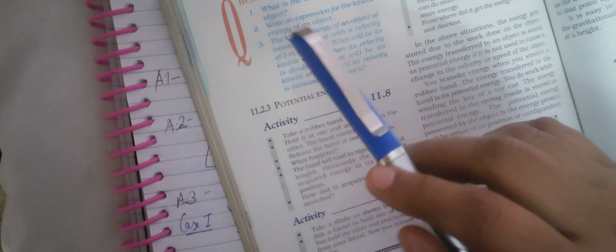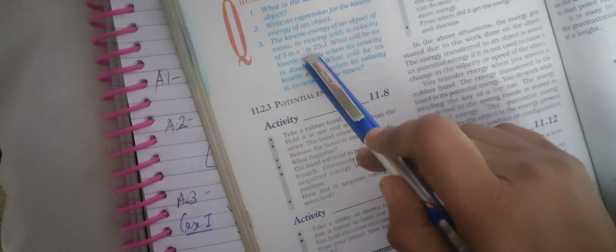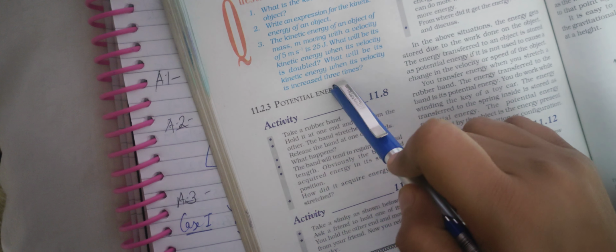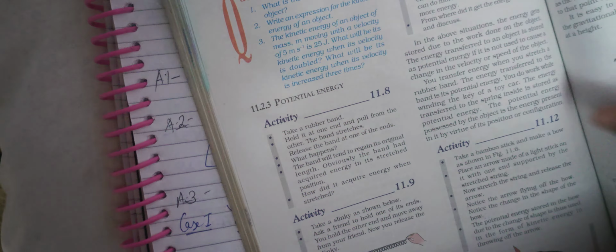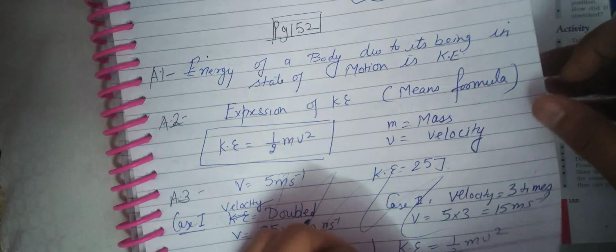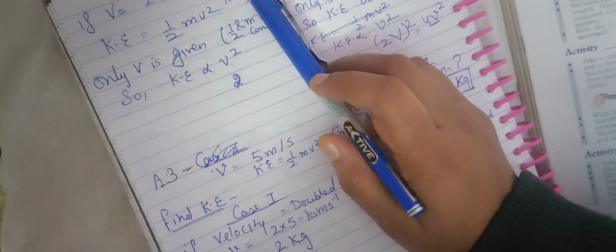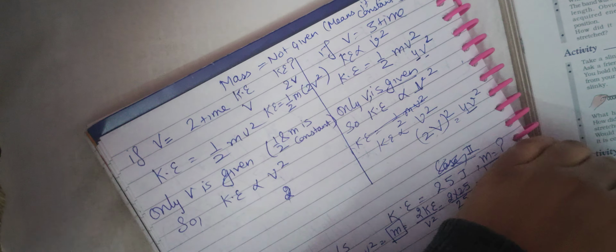Now we can apply it. What will happen in case number 1 when the velocity is double? What will happen in case number 2 when the velocity is triple? Now see the formula for the question. The mass of the object is constant.